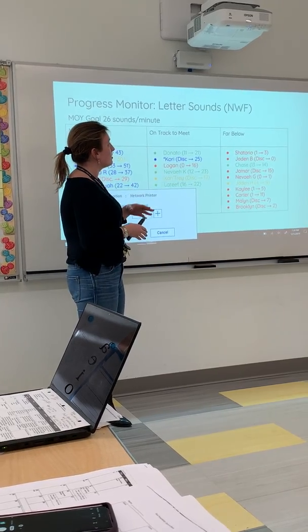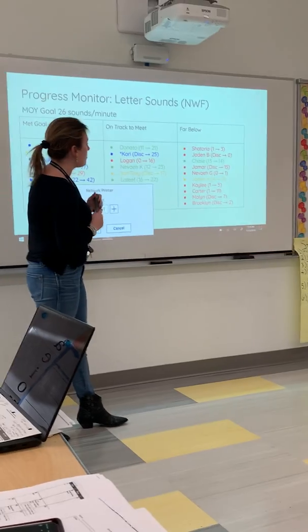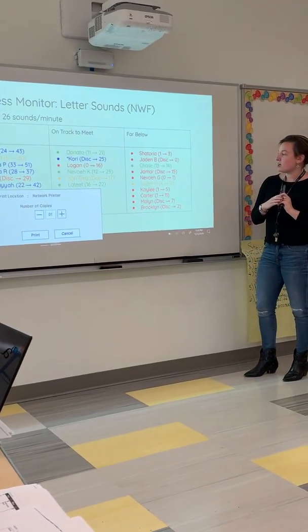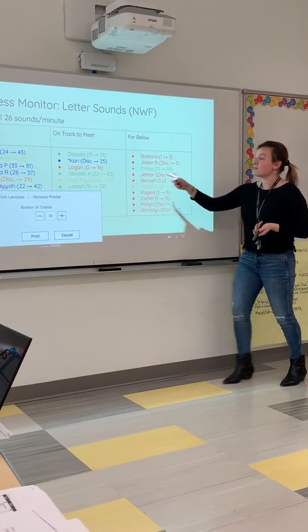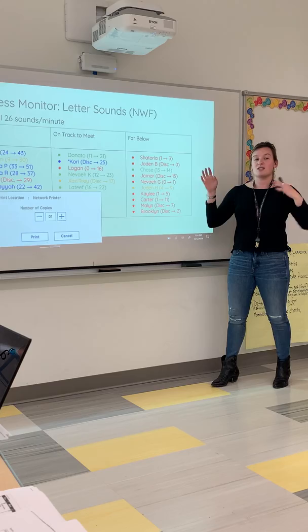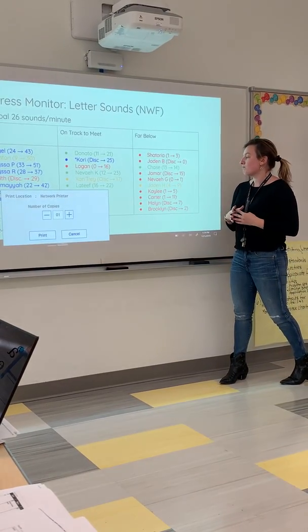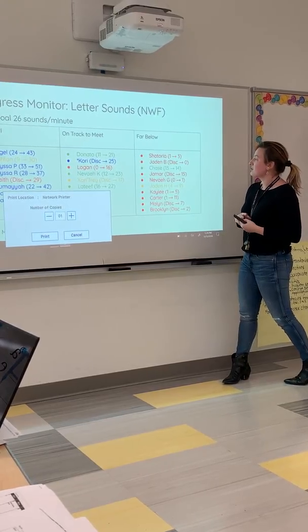Hopefully by January, February, we'll be able to move them to that next goal. And then these kids were far below. Some of them had similar numbers, like this one, Jamar, he's at 15, but I think there are other issues, like retention or behavior. So that's why I grouped them that way.